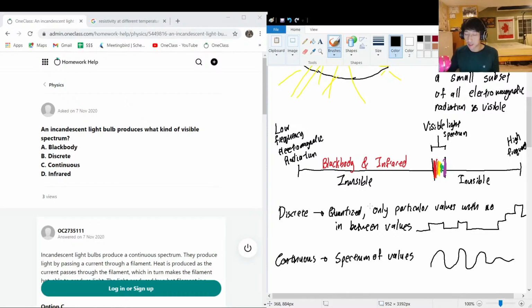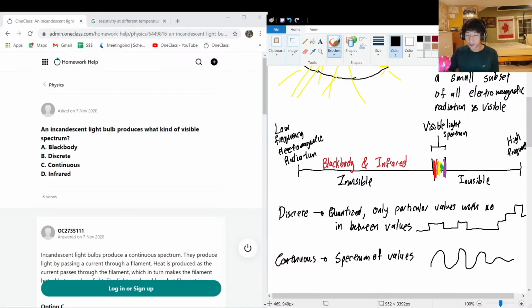Because there's so many of them mixing together, there's not really a discrete signal that adds up all the different colors, because the wavelength or the frequency could be in between values. It's more of a continuous type of signal.